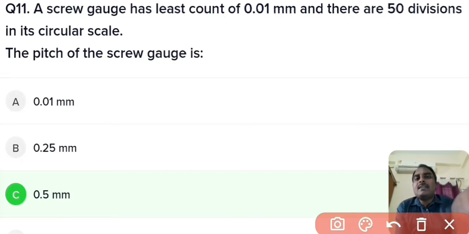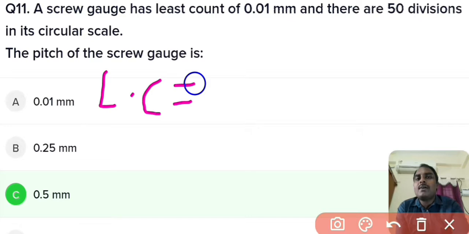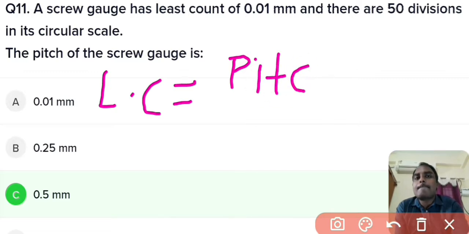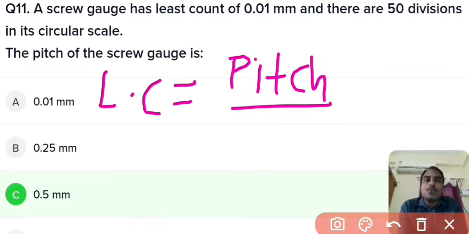We need the least count formula for the screw gauge. Least count is nothing but pitch of the screw divided by total number of circular scale divisions. Least count equal to pitch divided by number of circular scale divisions.